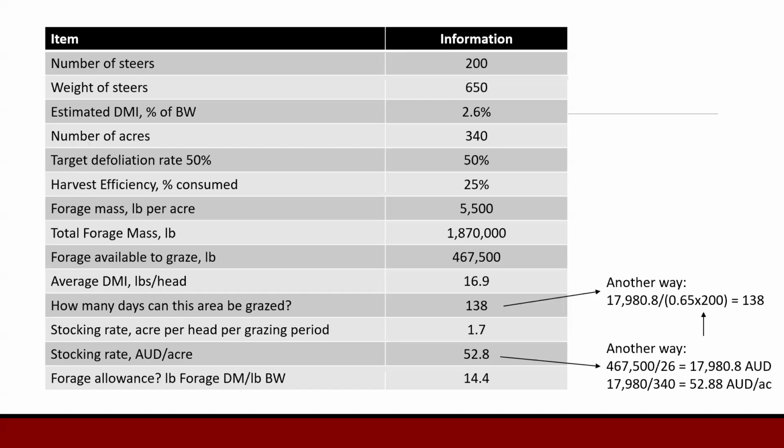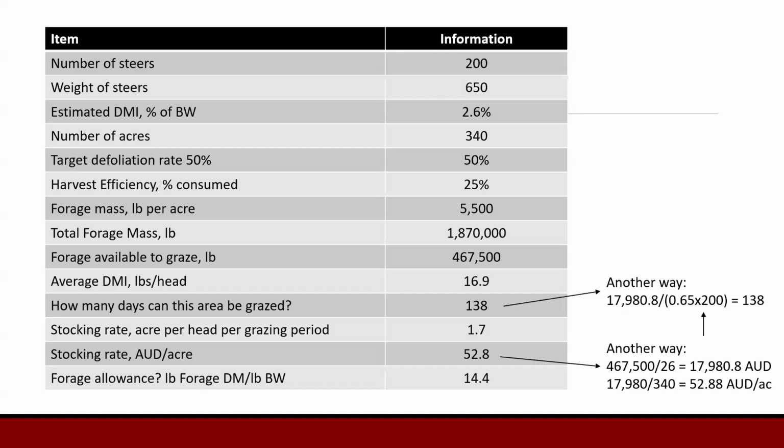And then 17,980 divided by 0.65 times 200. So 0.65 is our animal unit equivalent times 200. We're grazing 200 head. So the total amount of animal unit days available to graze divided by how many animal unit equivalents we have will tell us how many days we can graze this system.